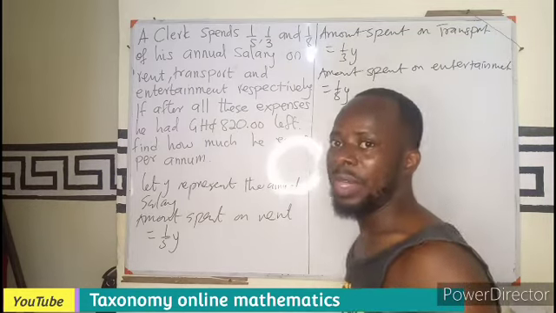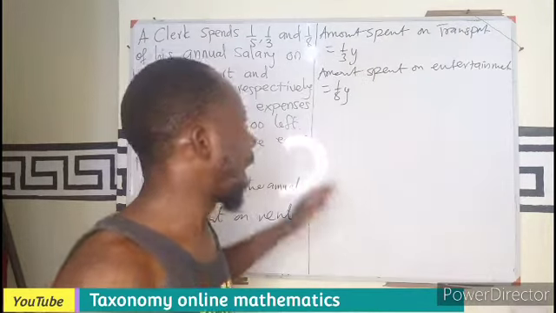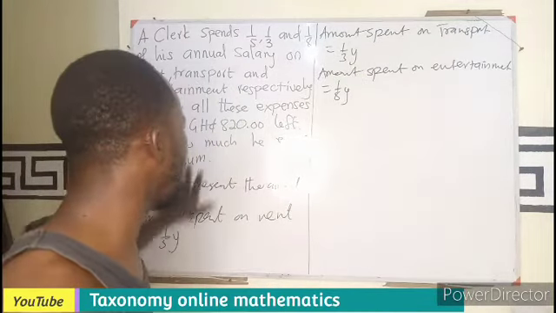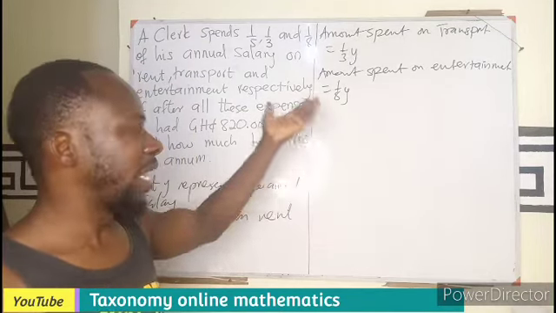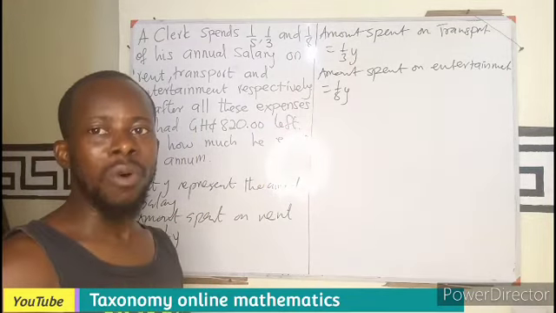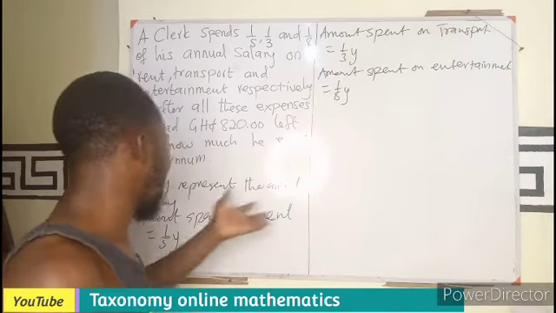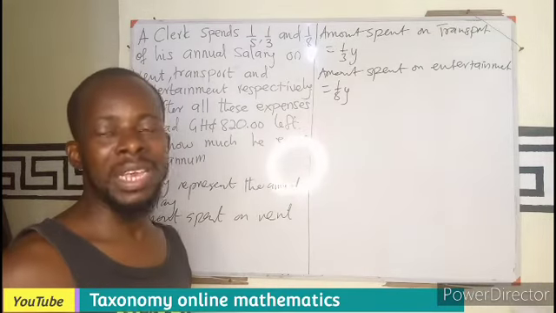So in all, we now know how much is spent on each of these categories. Now don't forget, the y is what we are trying to look for. If you know the y, then the amount can be realized in cedis.